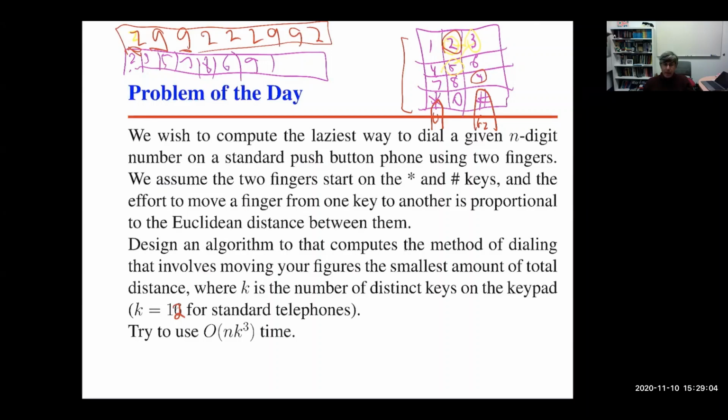And if I think about what I want to do, what is the function I want to define? I am going to claim the function that I want to define is something like this.